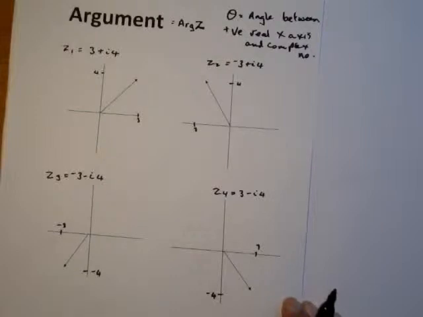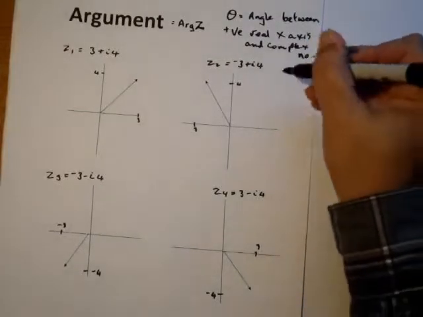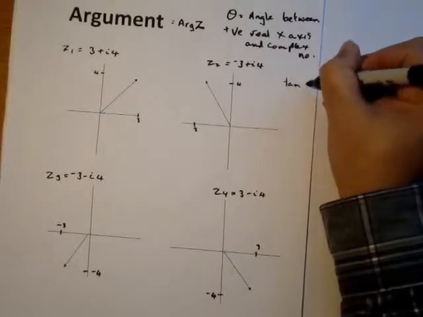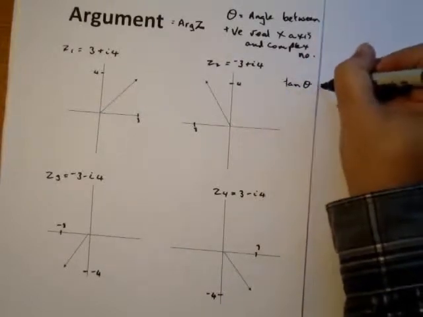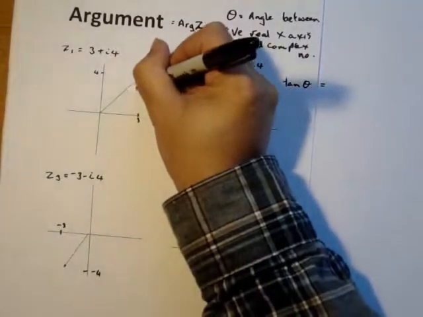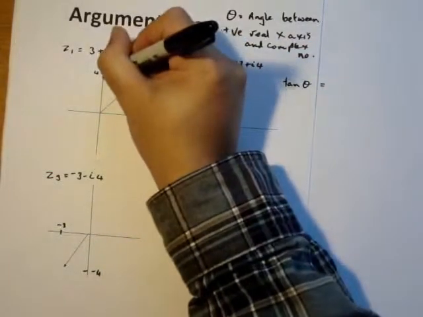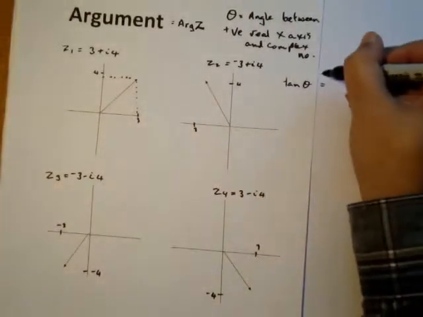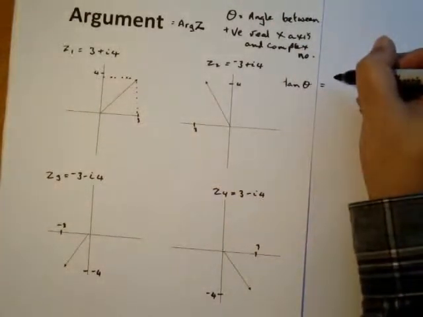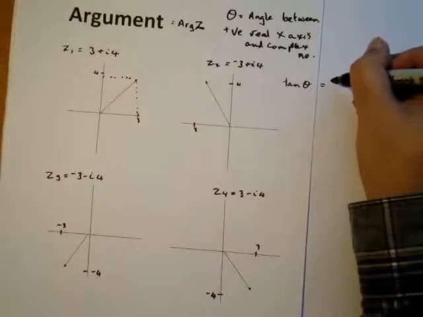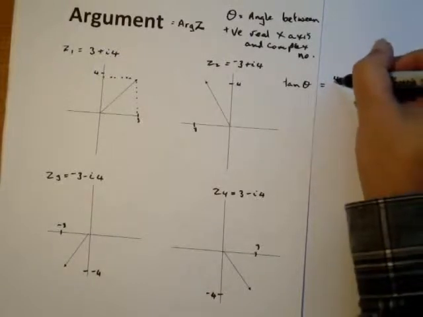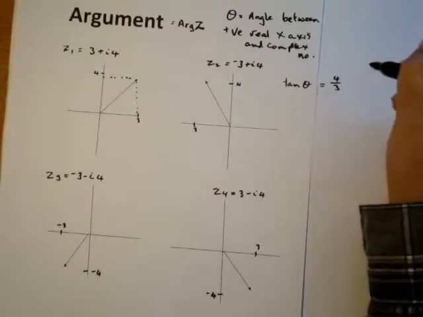Now tan theta equals, if we draw a line down and across, in the first case for z1, the opposite, which is 4, over the adjacent, which is 3.